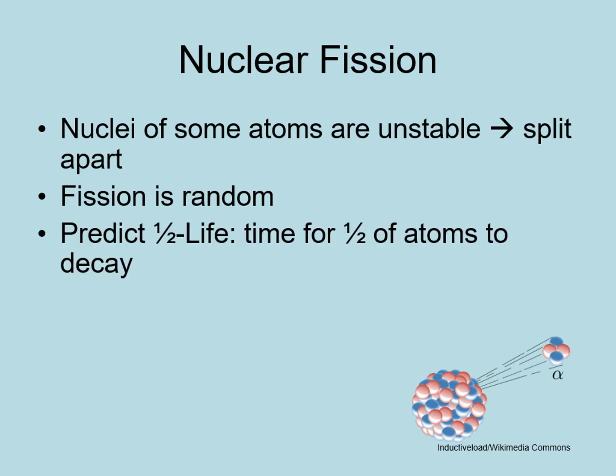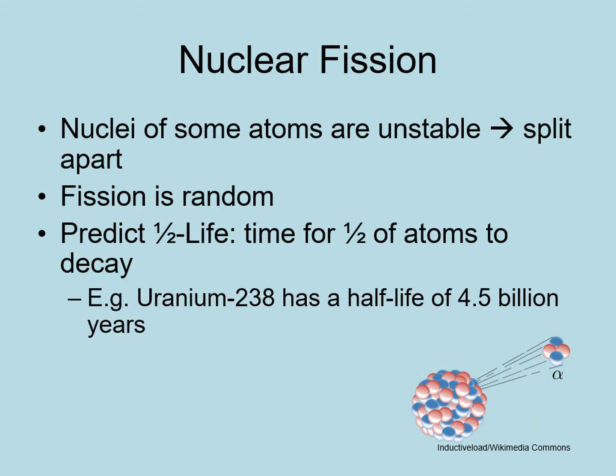This predictability is what gives us the idea of the half-life. Half-life is the time it takes for 1/2 of any given sample of a radioactive material to decay. For example, the half-life of the most common form of uranium, U-238, is 4.5 billion years. If you wait that long, 1/2 of any given sample of uranium will have broken down into other elements.